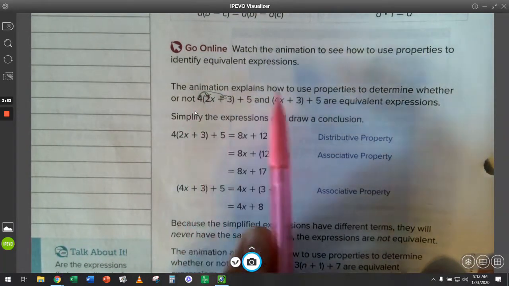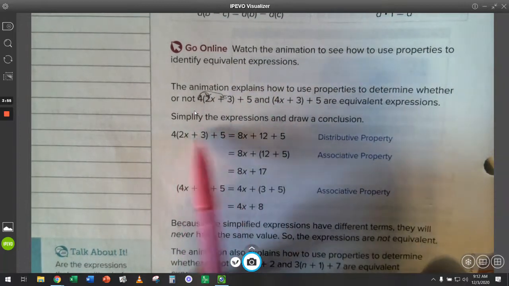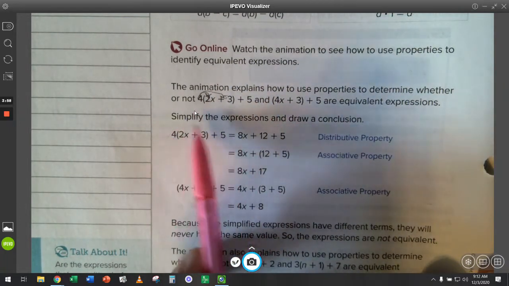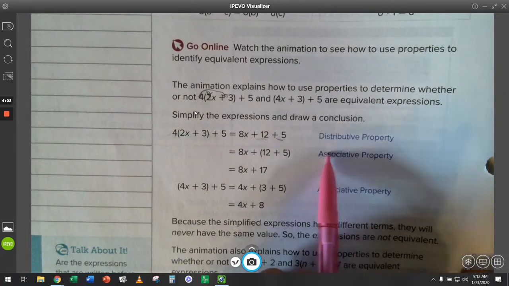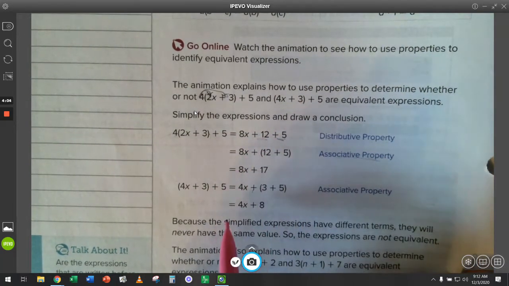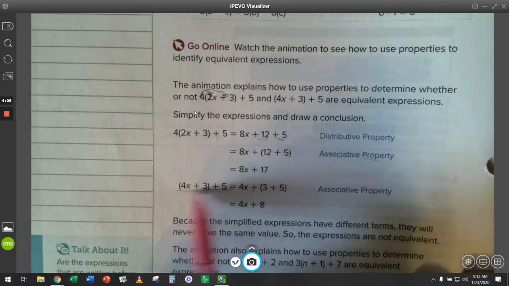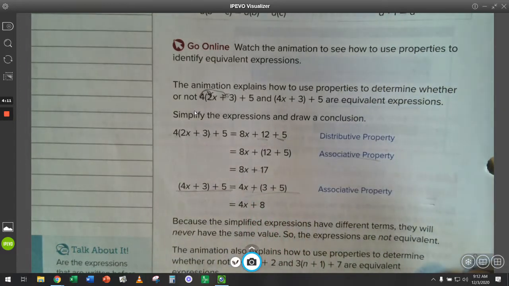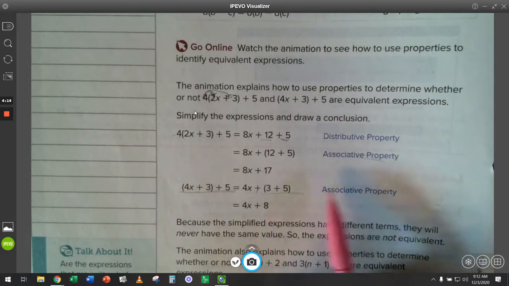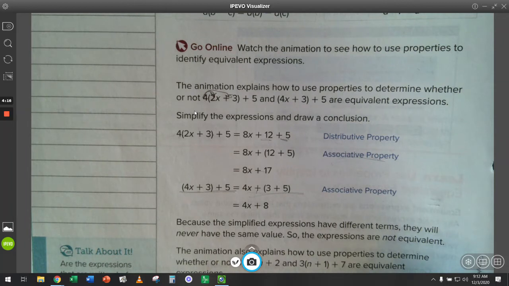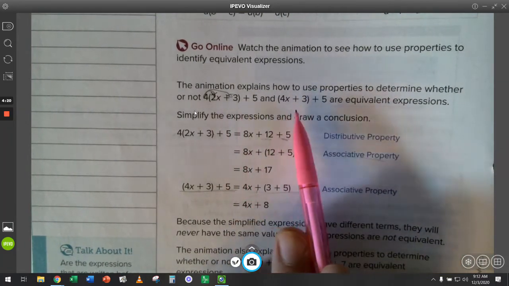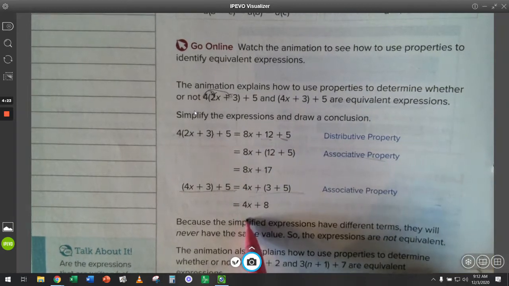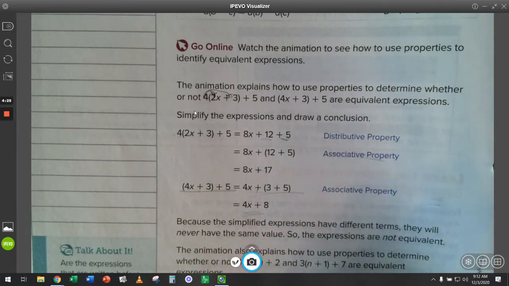So if we did that, 4 times 2x would be 8x, 4 times 3 is 12, and then we still have a 5. And then we use the associative property to add them together. If we were to solve this problem here, this is showing the associative property. It doesn't matter what order you do it in, it would still be the associative property. So now we know that these two expressions are not equivalent because we didn't end up with the same answer when we've simplified them.